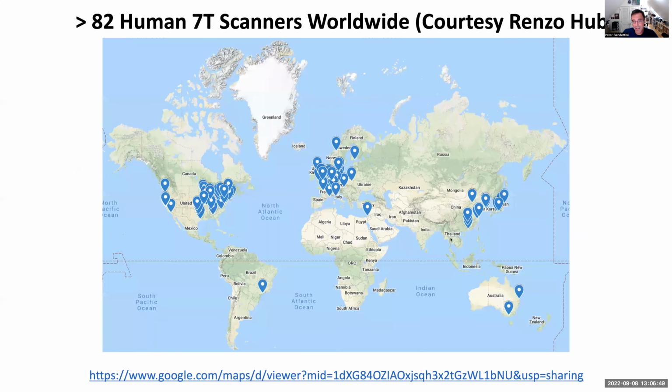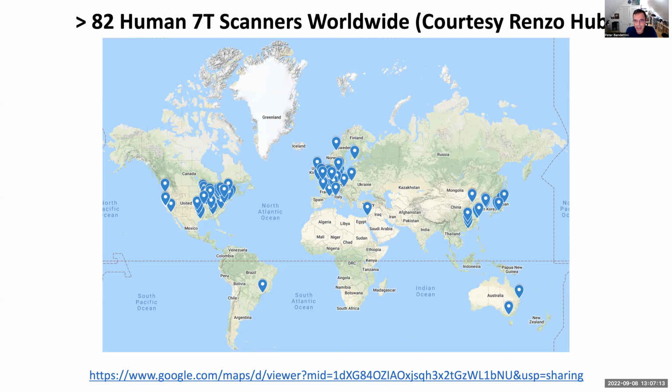So Renzo showed this. I like to illustrate this to say, hey, there's a lot of scanners. That's certainly true. I think there's up to 100 now. This is a slightly old version of the slide. But I like to mention that it's amazing that vendors are taking this risk to develop 7 Tesla.